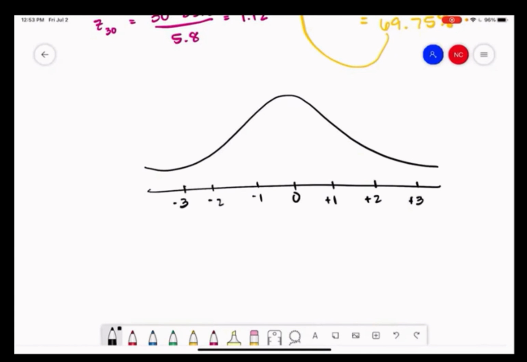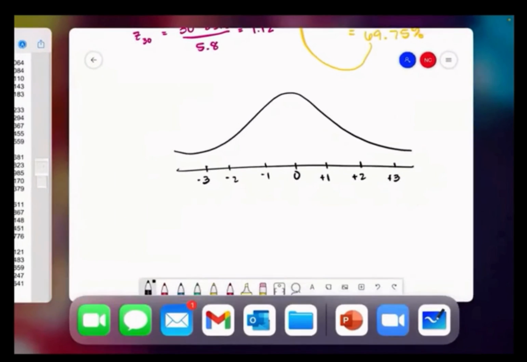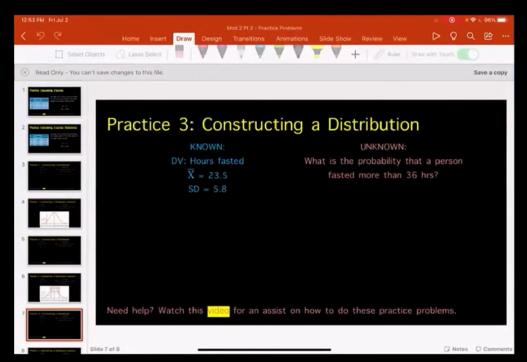And now we're looking at the probability. So let's go to our PowerPoint real quick. Now we're looking at the probability that a person fasted more than 36 hours. So we want to look at 36 hours and above.